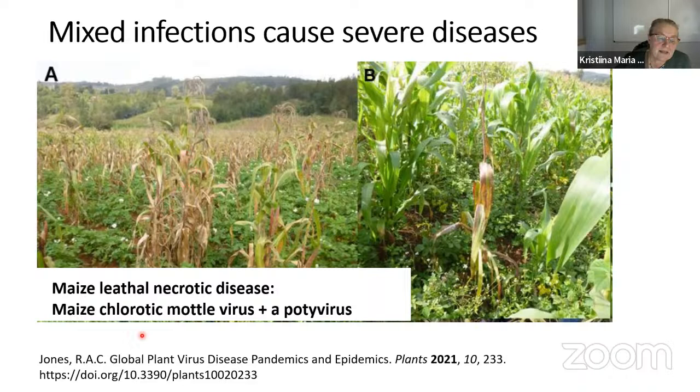Here we have the maize lethal necrotic disease, which is caused by maize chlorotic mottle virus, and then one potyvirus. There are at least 3 different potyviruses that can work together with this maize chlorotic mottle virus, and all the maize plants are devastated or are kind of dead on this field, for example, here, whereas the potato is growing as the understory plant here still.